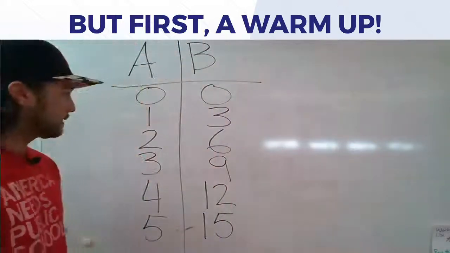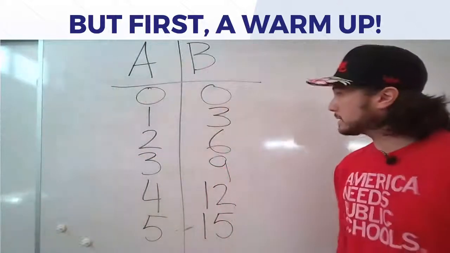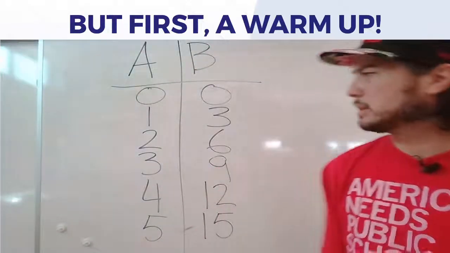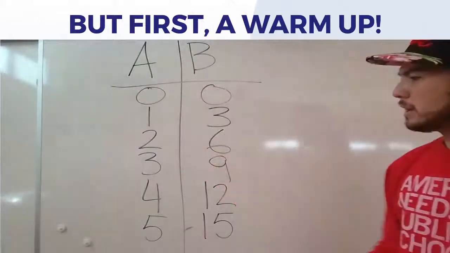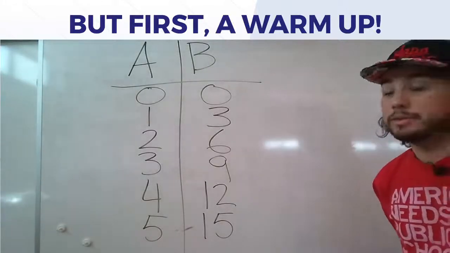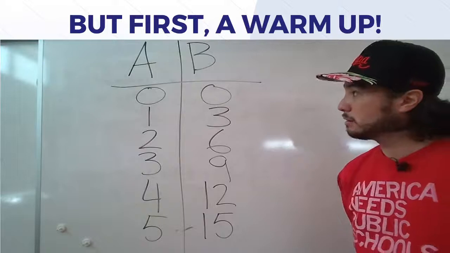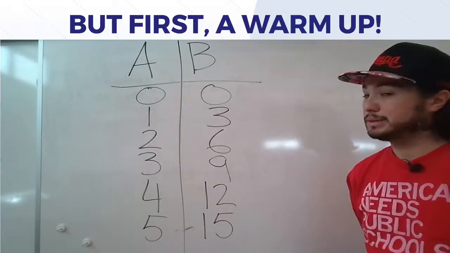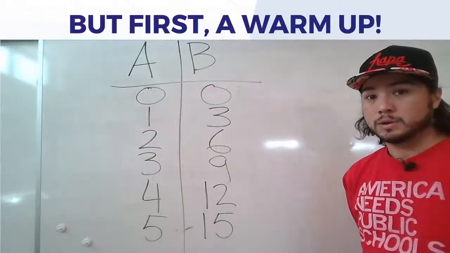Take a look at this pattern here, these two sets. We have column A, column B. And think about, what do you notice about the relationship between our A data and our B data? What do you notice?